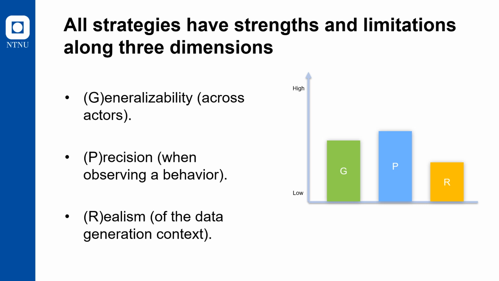It is therefore important to find the right strategy for your specific research question so you can maximize the validity of your results. To help you organize your thinking, we focus on the following 3 dimensions along which research questions and the strategies to answer them differ: generalizability across actors, precision of our measurements when observing a behavior, and the realism of the context in which data is generated.